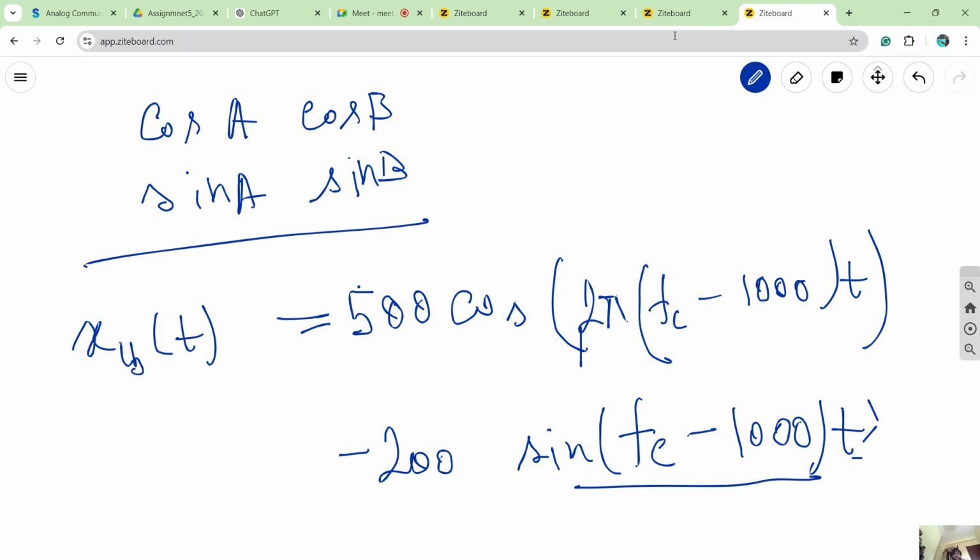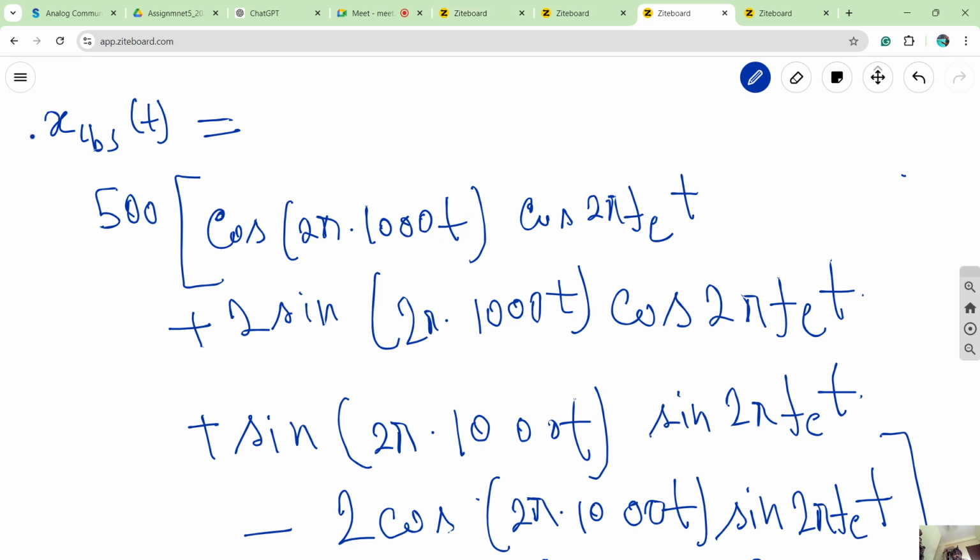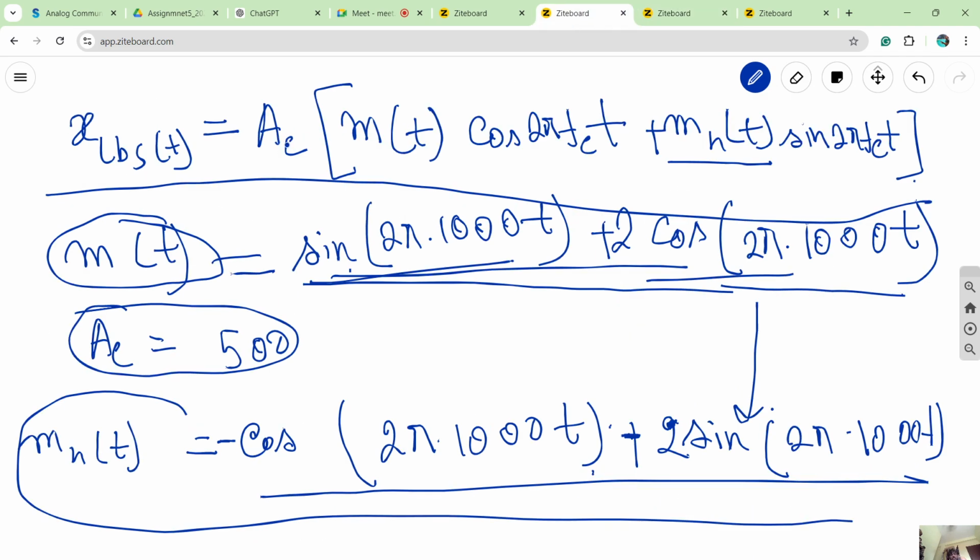So in this calculation probably we have got some ambiguity, but the main logic is here.